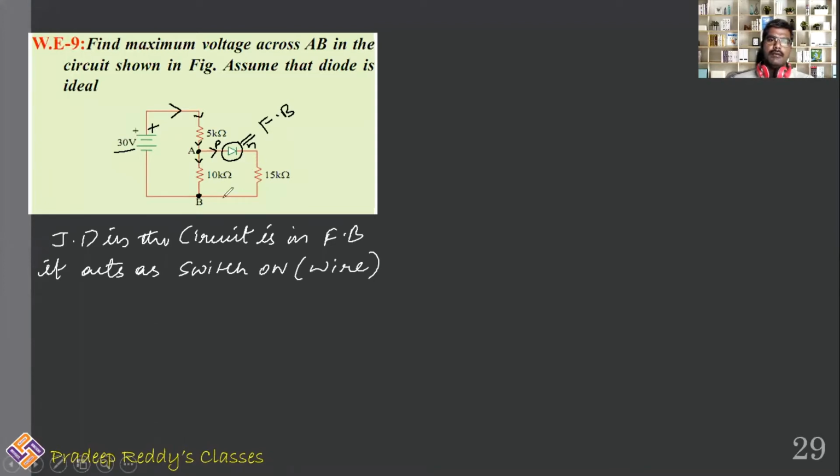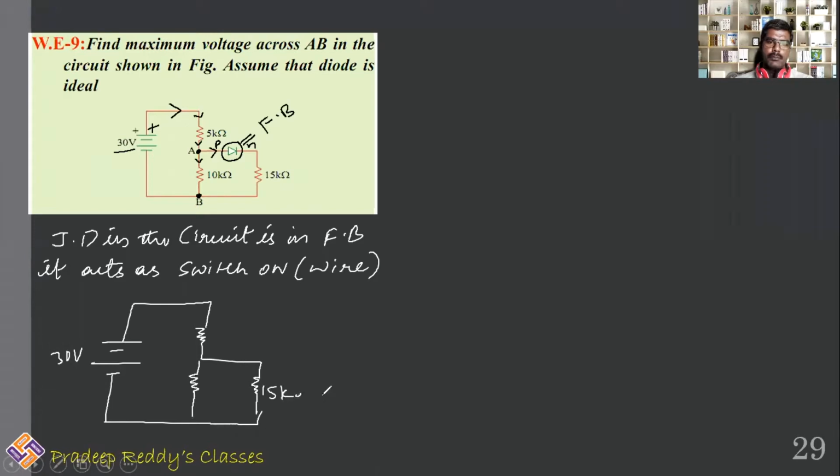Now, when you replace this with a wire, the electrical circuit will be like this. This is 30 volt, and there is a resistor here, and there is a resistor here. It is 15 kilo ohm and this is 10 kilo ohm. You are just replacing this junction diode, which is connected in forward bias, with a wire, and this is 5 kilo ohm.